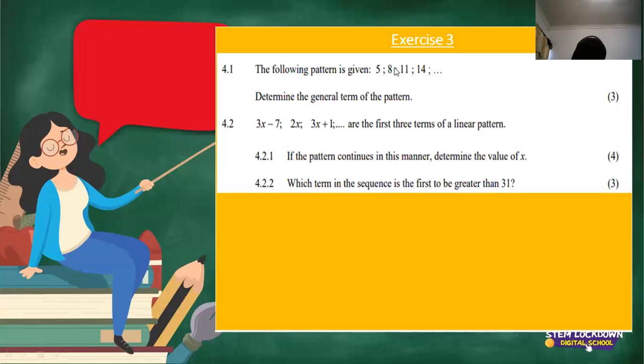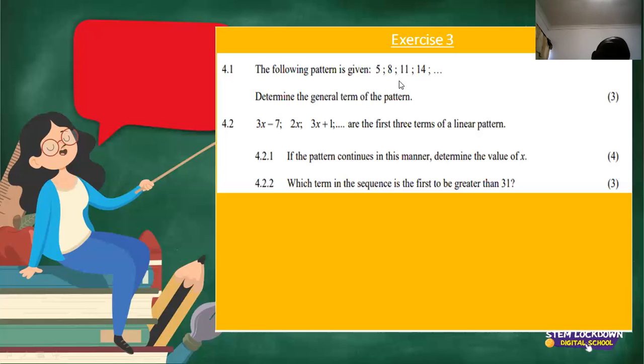Okay, let's look at this now. 8 minus 5 is 3, 11 minus 8 is 3, 14 minus 11 is 3. So here there's a constant common difference of 3. So with that, we can now use our Tn formula for a linear sequence.